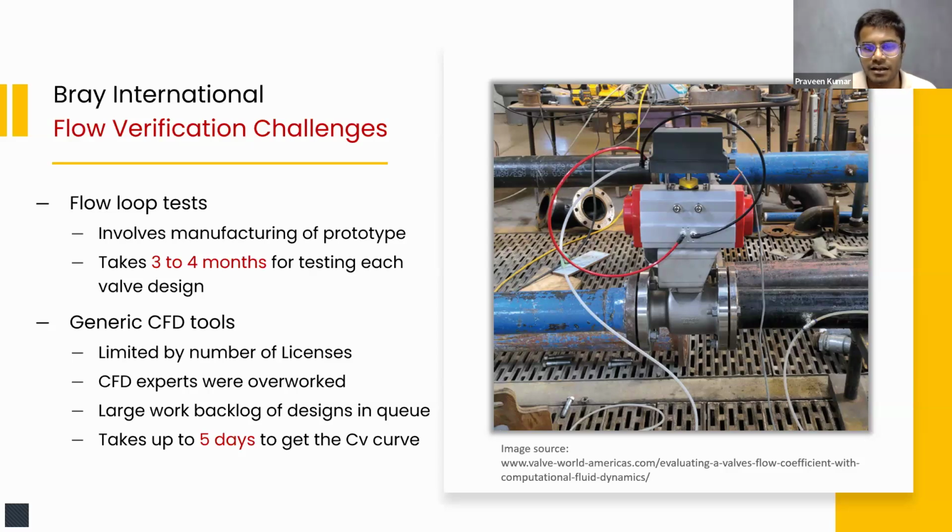They were overworked, and the backlog was huge. The designs were waiting in line for simulation. It easily took up to 2 weeks of waiting time, and on top of it, 5 days to extract a single CV curve for a single design. These were becoming a big bottleneck for them.